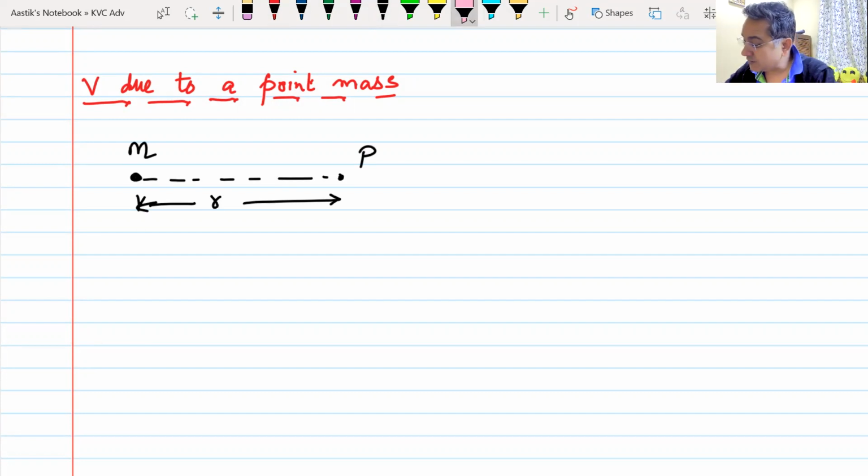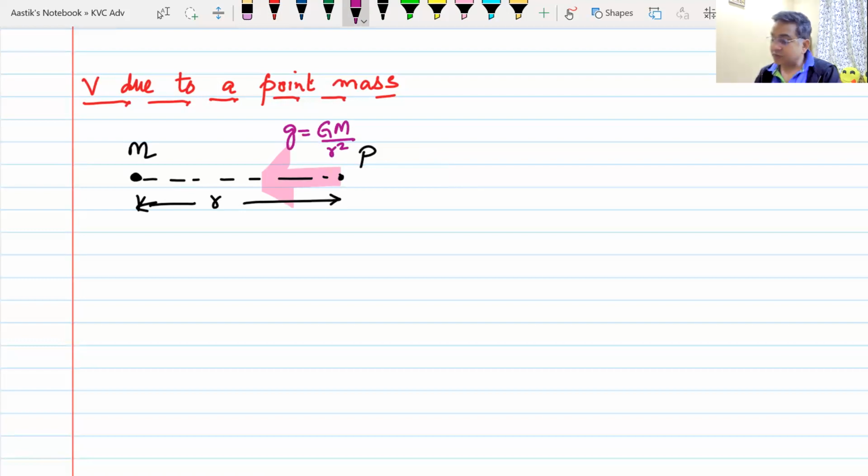If I draw the gravitational field, it will be going like this, yes or no? Yes, sir. And the value of gravitational field is Gm by r square. The value of gravitational potential is minus Gm by r.